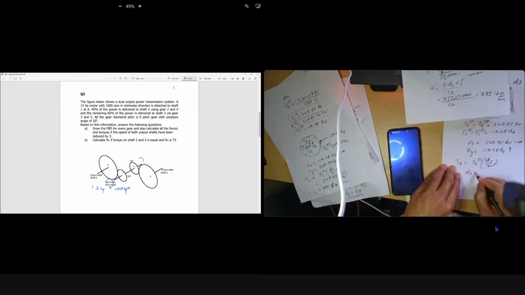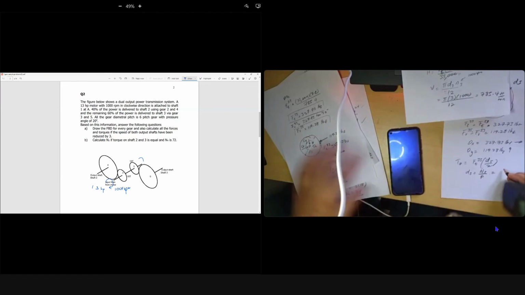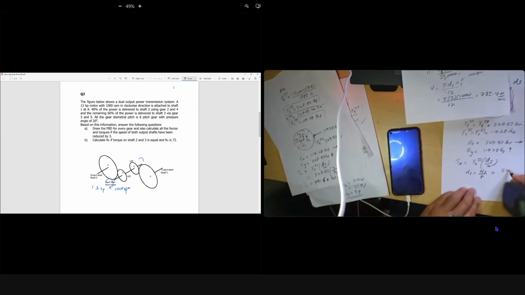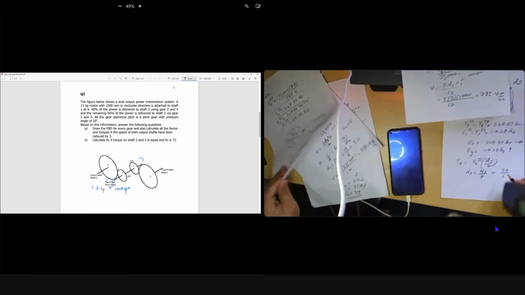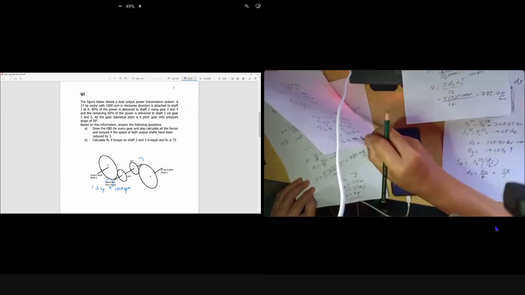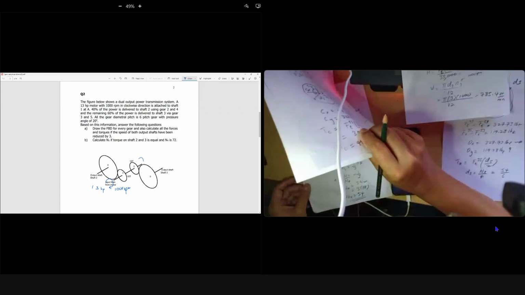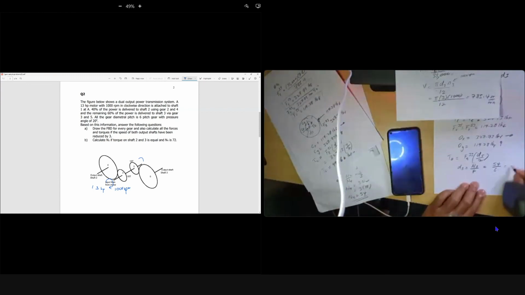So N5, so diameter 5 is N5 over the pitch. N5 is the same as 54, because it is reduced by 3 over 6. Diameter 4 earlier is 9 inch.